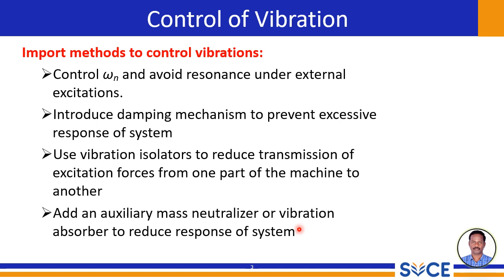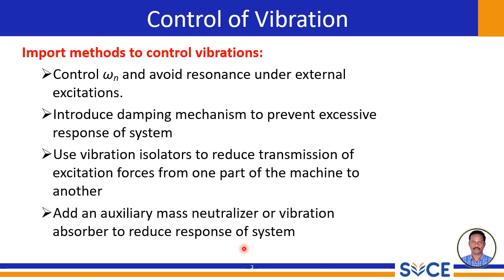This involves adding a secondary mass system, that is, tuning it to a specific frequency to counteract the primary vibration. It is a clever way to absorb energy and reduce vibration at a specific frequency.